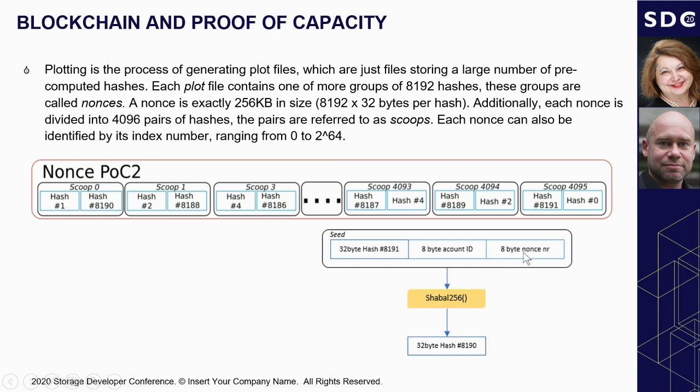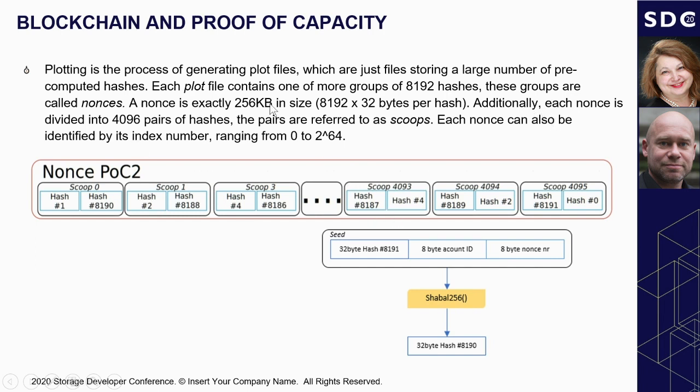So this is your nonce number, that's your byte account ID, and this is your hash, right? So we have 8,192 hashes, 32 bytes per hash, and each nonce is 256 KB. Like I said, you have equal height and width for each so-called nonce.